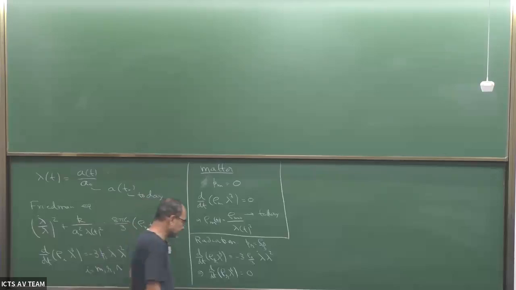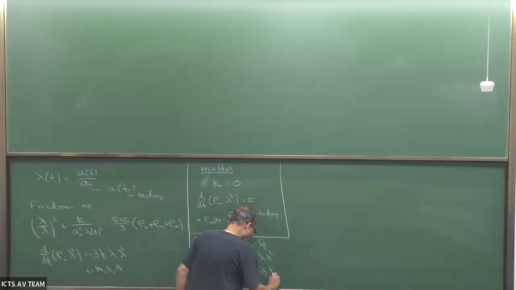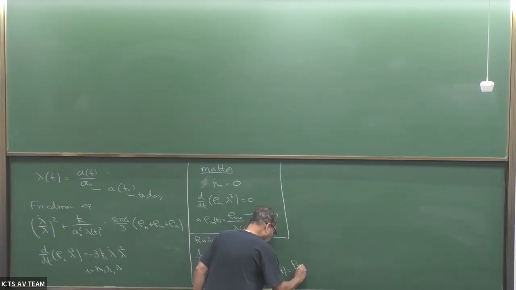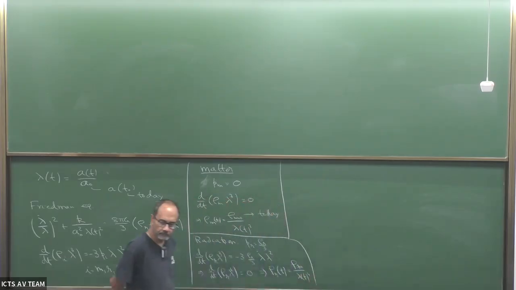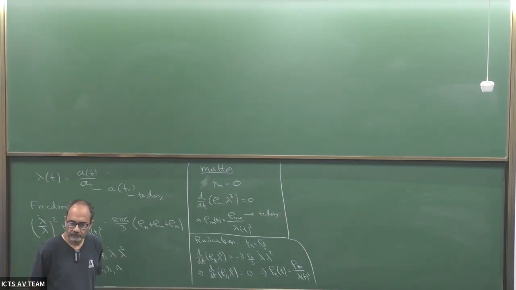So this tells us that rho_r(t) is rho_r0 over lambda(t) to the 4. Is it clear?